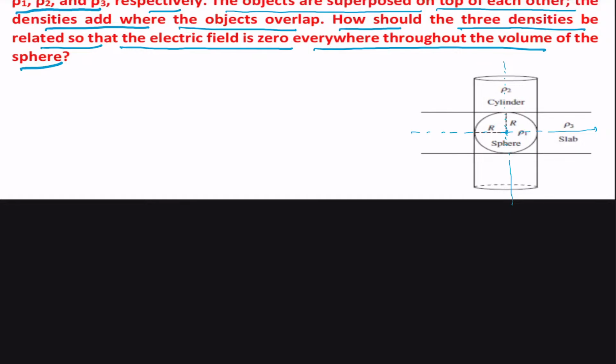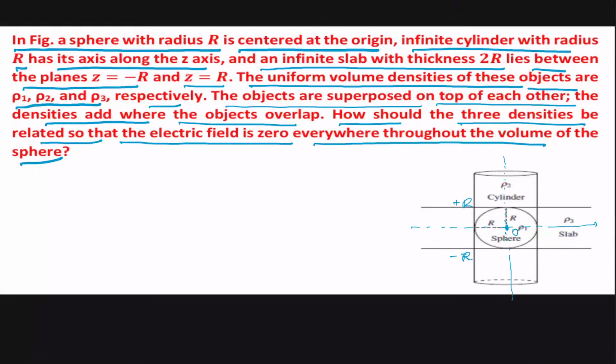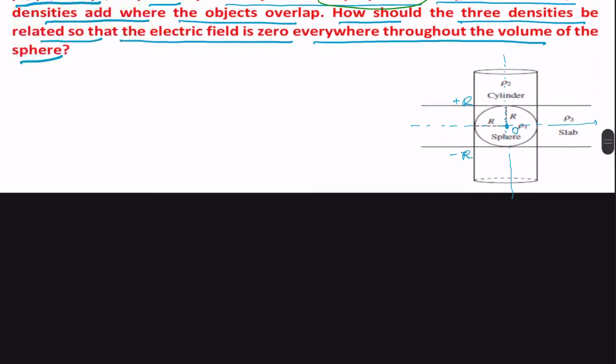We consider the center of the sphere as the origin, and the upper end of the slab is plus r, the lower end is minus r. We have to remember that nothing is being removed, so all the objects overlap with each other, because in the question it is mentioned that the objects are superposed.